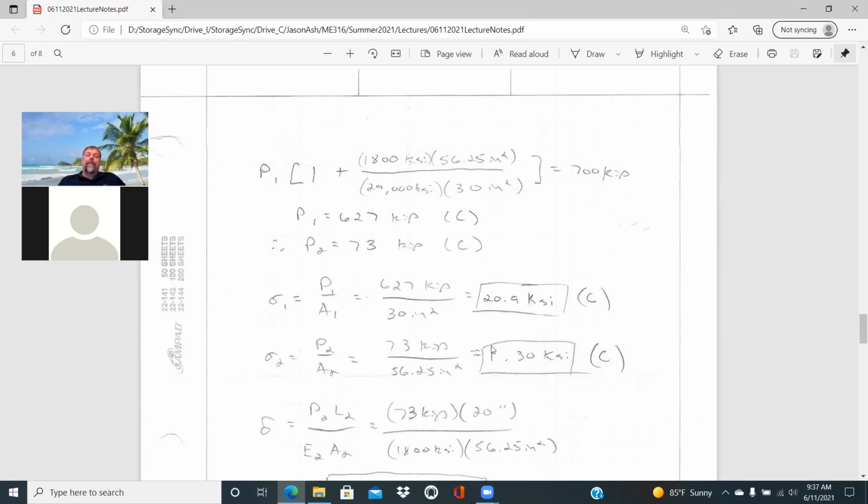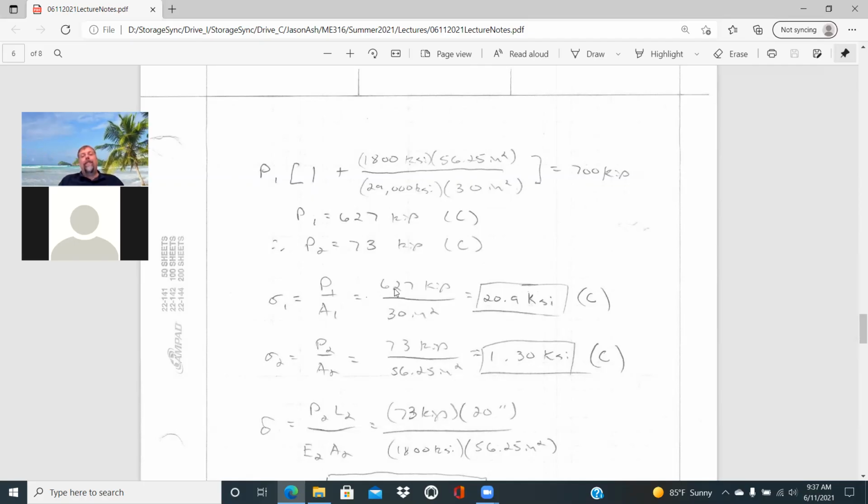And so the way that we did this, again, we looked at P1 as the total load and A1 as the total area of the steel. If you were to look at those instead as P1 divided by 2 and say, well, look, we have a P1 on each side, all that would do is divide each of these values by 2.